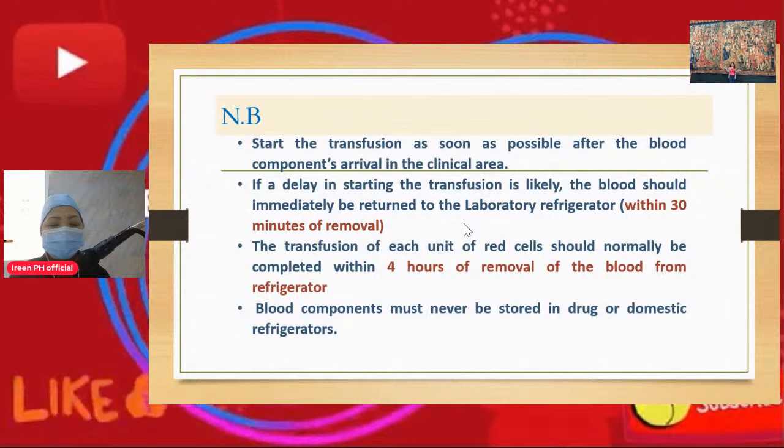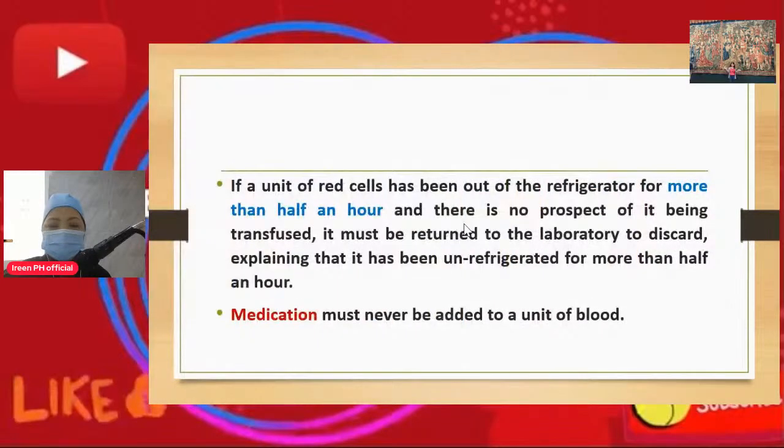The transfusion of each unit of red cells should normally be completed how many hours? Within 4 hours of removal of the blood from refrigerator. Blood components must never be stored in a drug or domestic refrigerators.